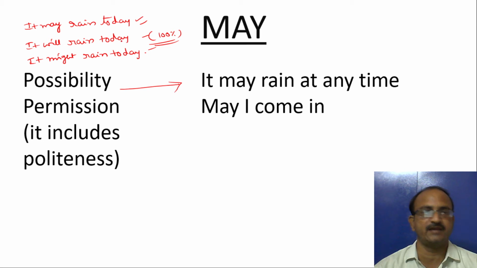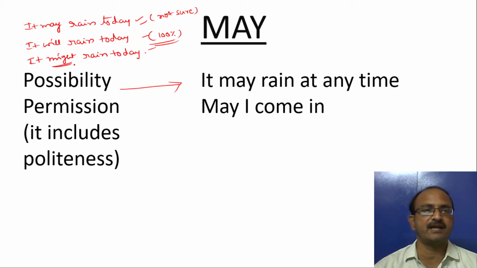So that is 100%. It may rain. The possibility has a bit of doubt. Maybe, maybe not. I'm not sure about rain. So that is, it may rain. Come to it might rain.